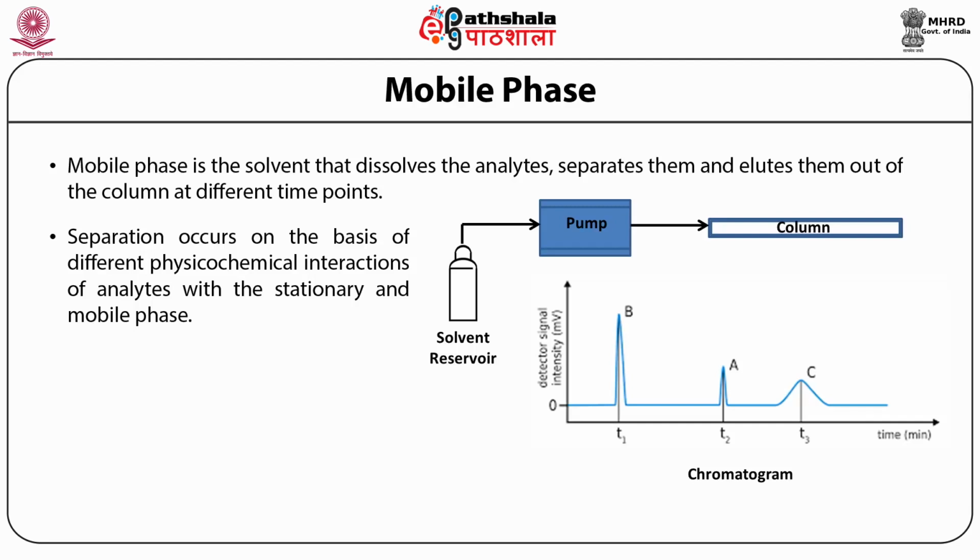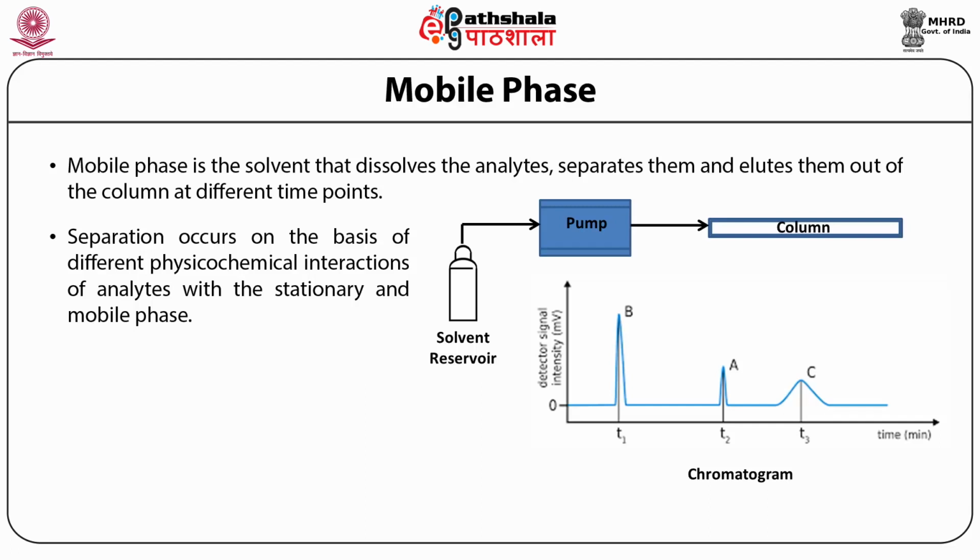Solvent is continuously applied to the column and stationary phase for solubilization and elution of analytes. When the liquid mobile phase passes through the column, analyte molecules interact with the mobile phase and solubilize in it at different time points. This results in separation of sample components.